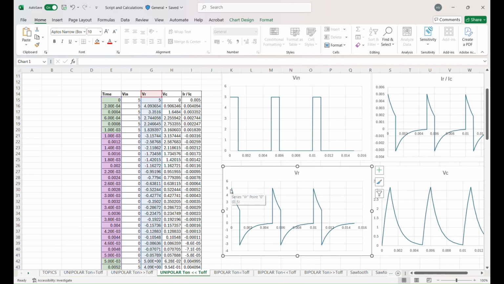It starts from 5 volts and decreases up to minus 5 volts during on time from 0 to 1 milliseconds, and during off time 1 millisecond to 5 milliseconds, it starts from minus 5 volts and reaches up to 0 volts while the capacitor discharges.